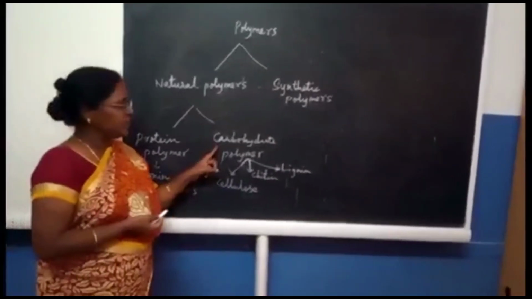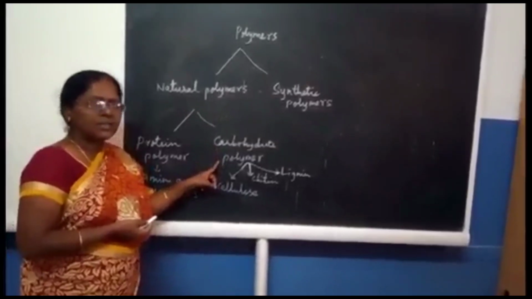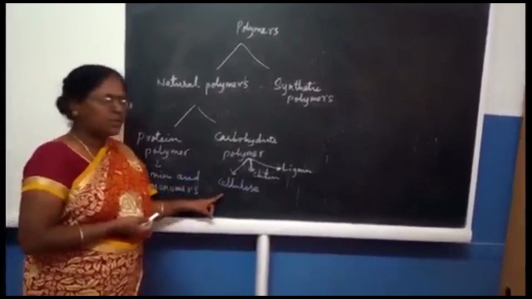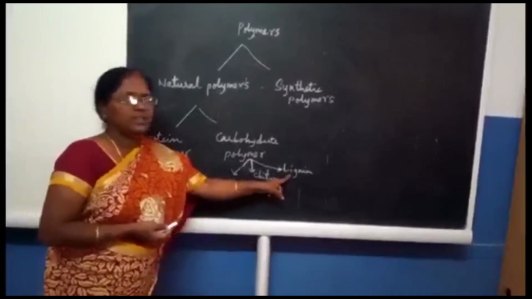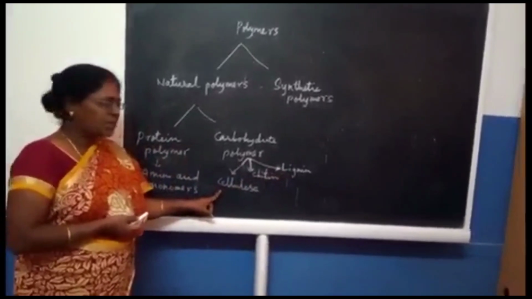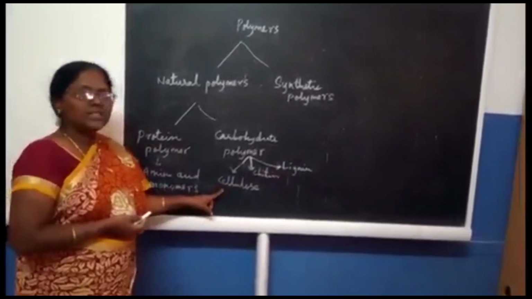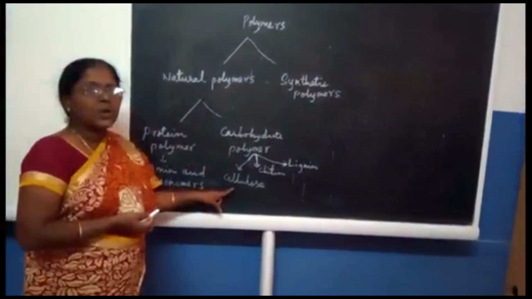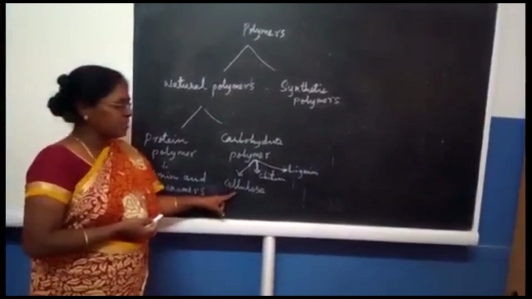Next we are going to see about carbohydrate polymers. These carbohydrate polymers include cellulose, chitin and lignin. Cellulose is made up of sugar molecules and it is the main important thing of cotton. So it is used in clothing.